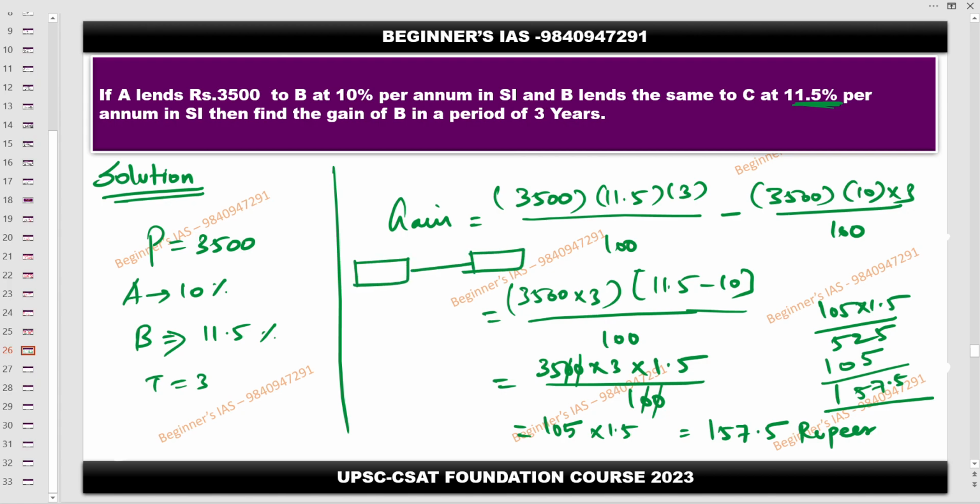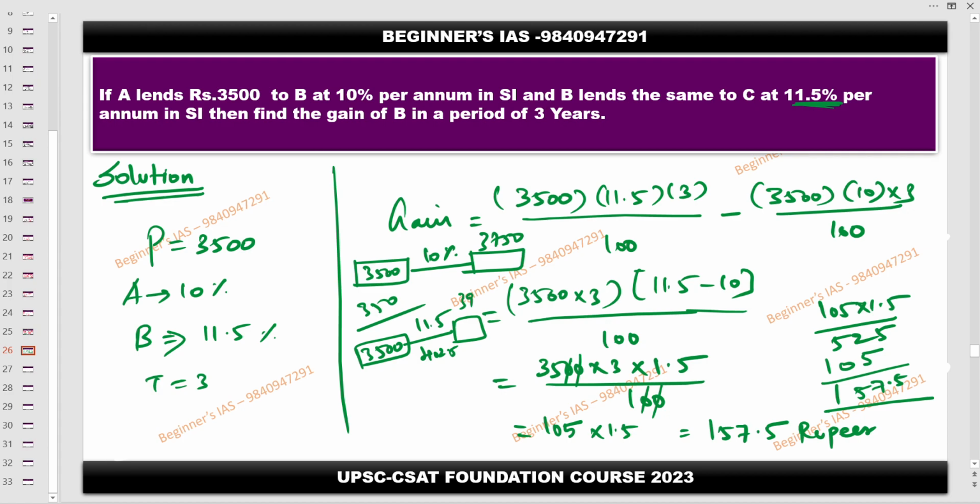Here 350, 10%. 10% means what? 350 rupees. Therefore 3750 here. Clear? The 350 same, into 11.5 percentage, 402.5. Then you will get a 3.